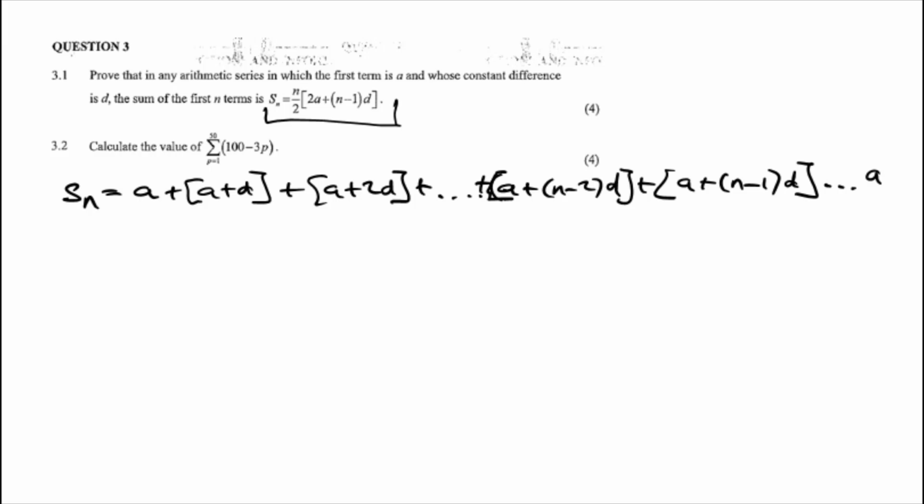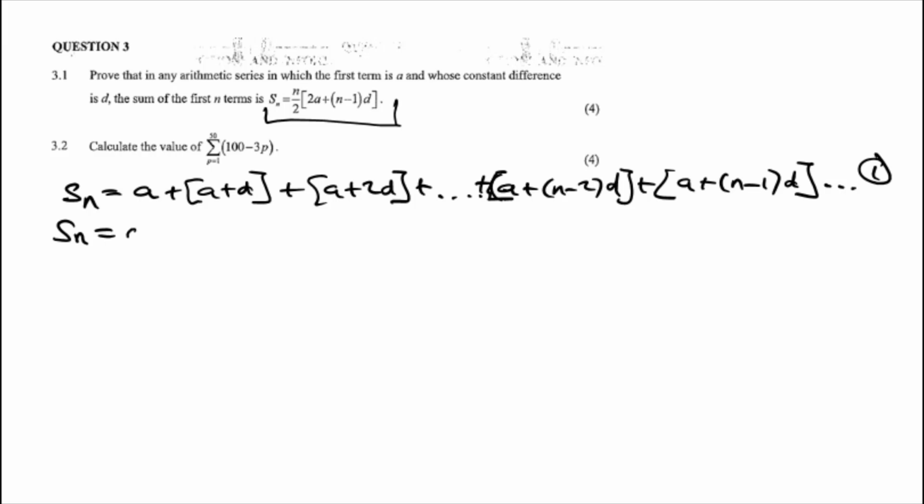Let me erase this here. So this is your equation 1, and what you need to do here is write equation 1 in reverse. So Sn is equal to, the first thing that you're going to write is the last term of the first equation.